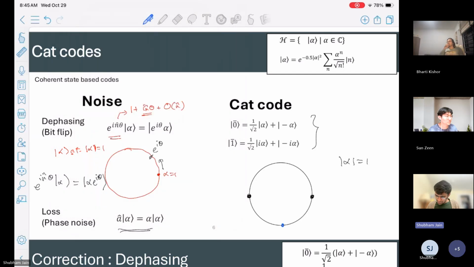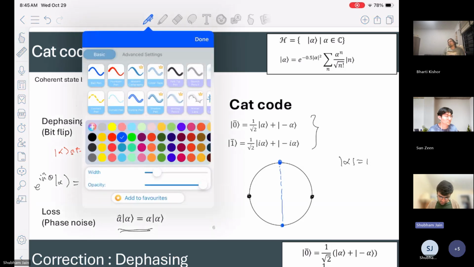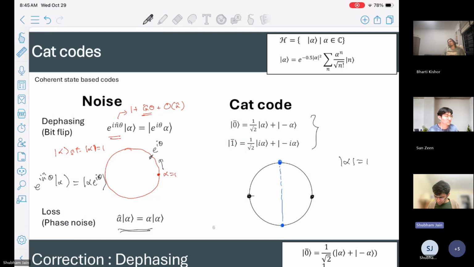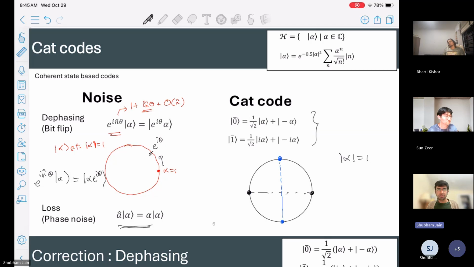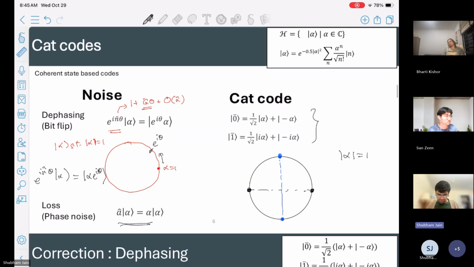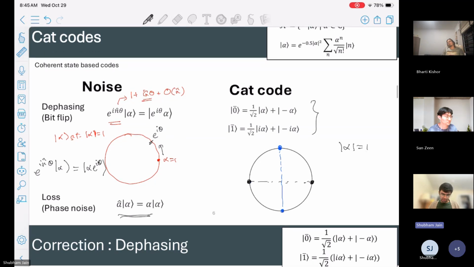And the second state is a superposition of i alpha and minus i alpha with equal contributions. So these are the code states. I draw these because you can imagine them as line segments which are embedded in a circle. So this is going to be the code state that we have to deal with, and we'll see how this corrects against all of our noise models.